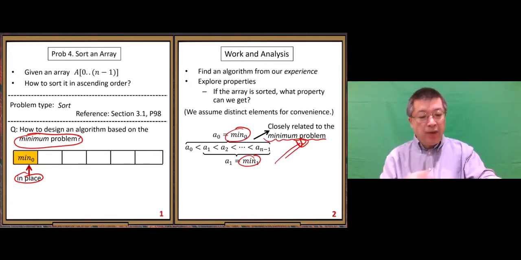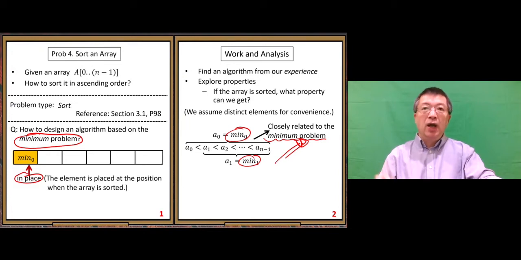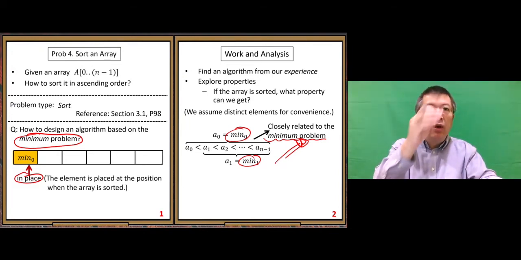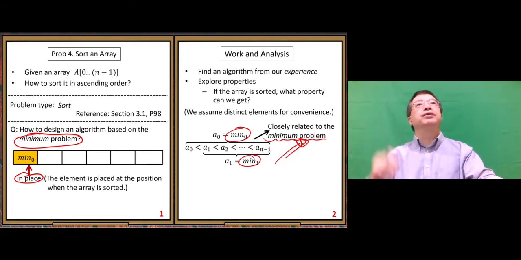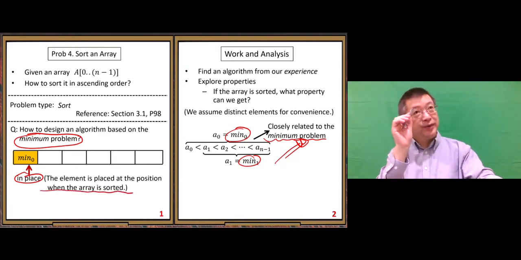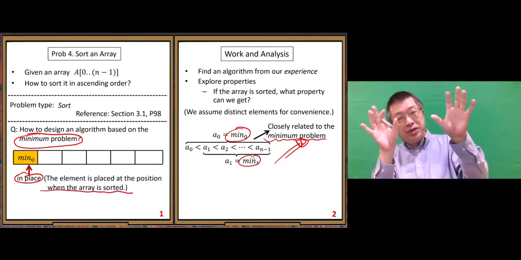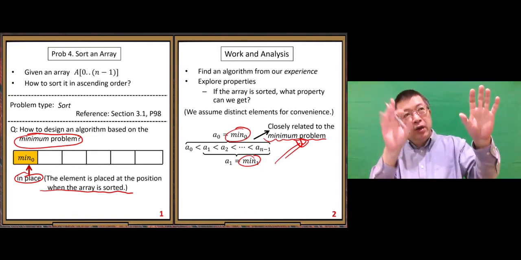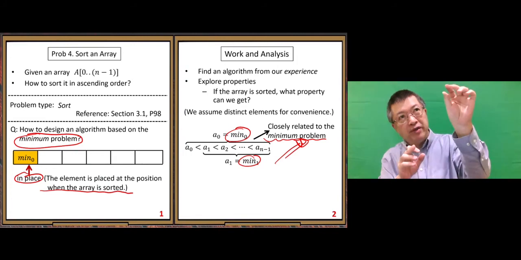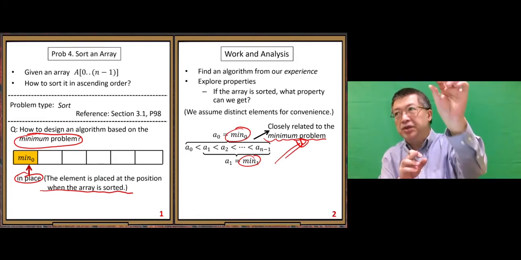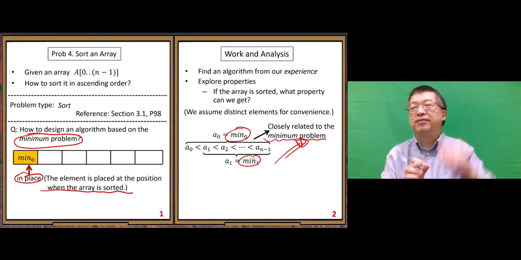The exact meaning of this in place: the element is placed at the position when the array is sorted. Look at the condition: when the array is sorted. So you imagine if the array is sorted, what the right position for an element in the initial array.